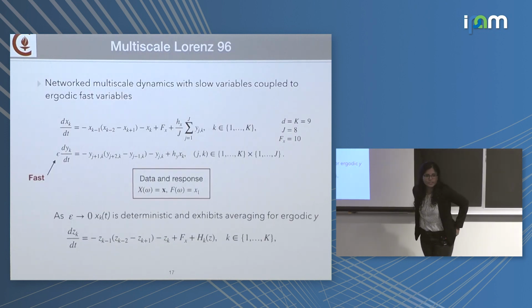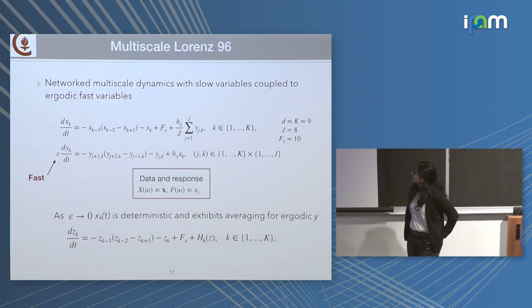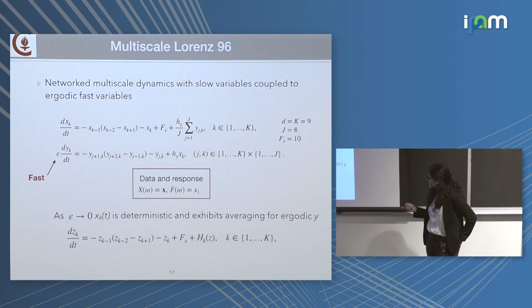So here we look at the multiscale Lorenz 96 system, which is much higher dimensional. It has networked chaotic multiscale dynamics with the slow variables coupled to the fast ergodic variables. So here we have 9 of these slow variables, xk, and they depend on their corresponding 8 fast variables explicitly, and they have these periodic boundary conditions that are not on this slide.